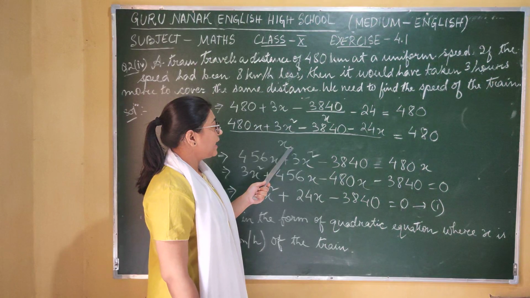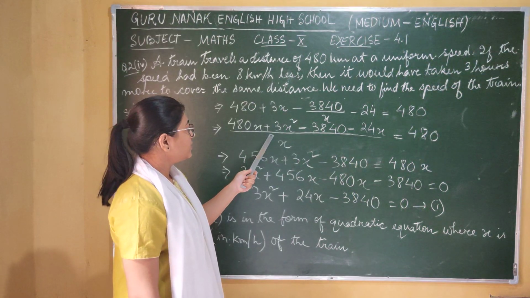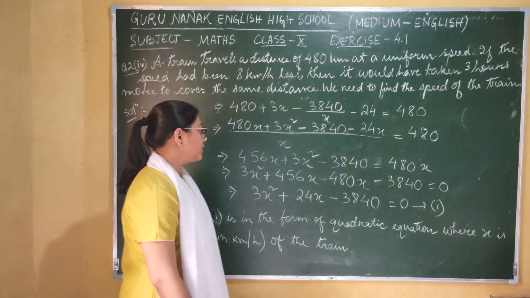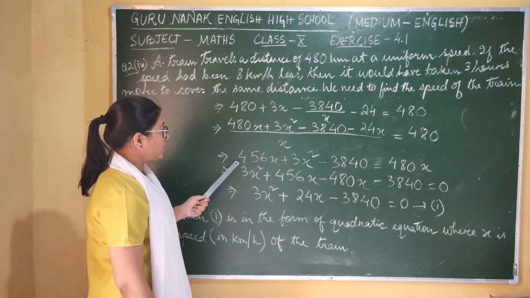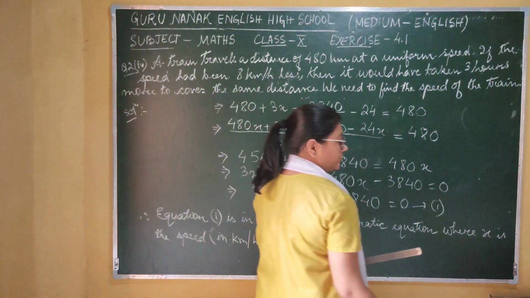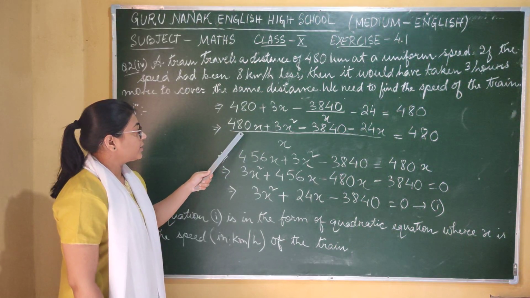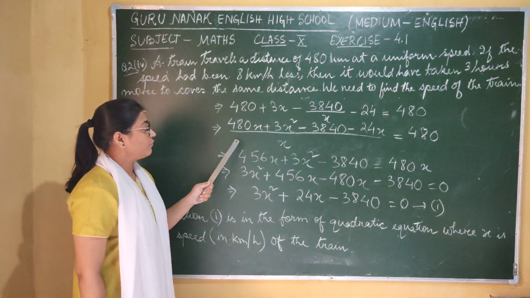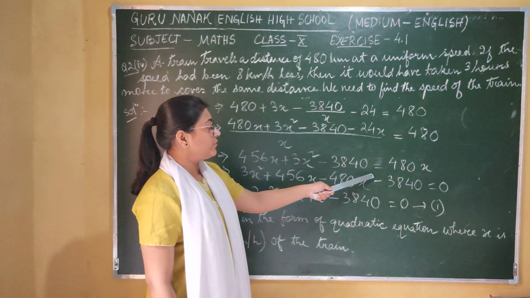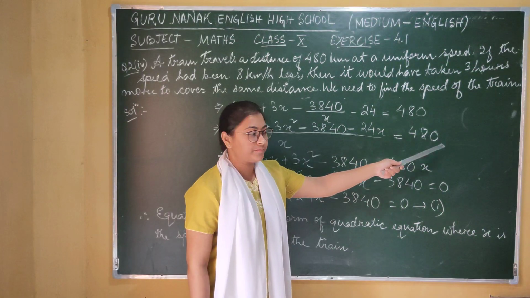Now we will multiply by x, then it will become 480x plus 3x squared minus 3840 minus 24x equals to 480x. Now in this you see we have subtracted 24x from 480x, so we got 456x plus 3x squared minus 3840 equals to 480 into x. The 480x we have taken to the right hand side.